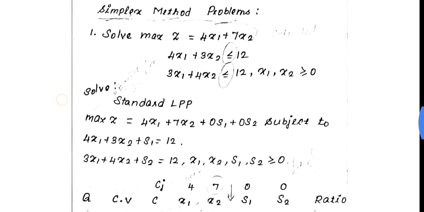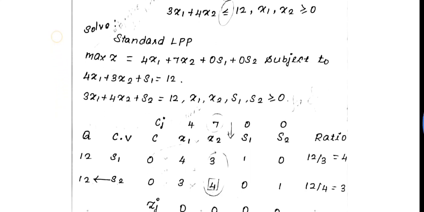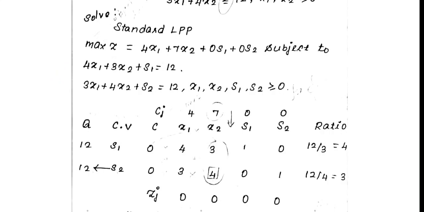The inequality constraints are of the form less than or equal to, so we can add slack variables. Maximize z equal to 4x1 plus 7x2 plus 0s1 plus 0s2 subject to the constraints 4x1 plus 3x2 plus s1 equal to 12, 3x1 plus 4x2 plus s2 equal to 12, x1, x2, s1, s2 greater than or equal to 0.